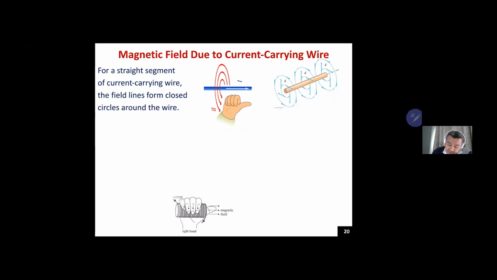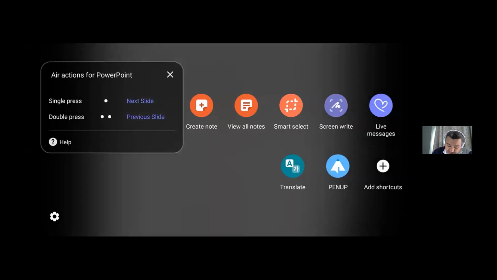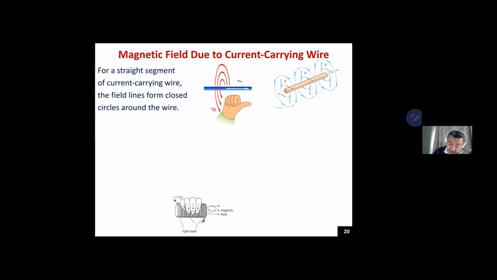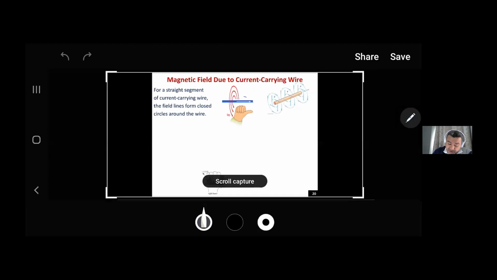If we have a straight wire, we take the thumb as the direction of the wire, and then the fingers will give me the direction of the magnetic field that is circulating around this straight wire. One point I want to stress here again is the direction of the magnetic field.